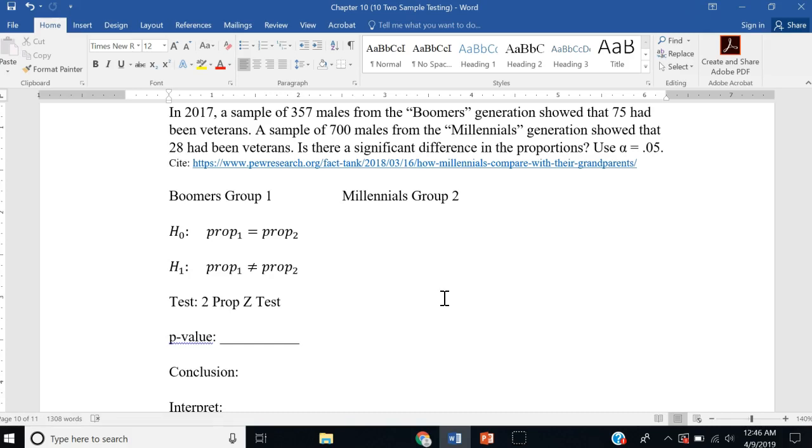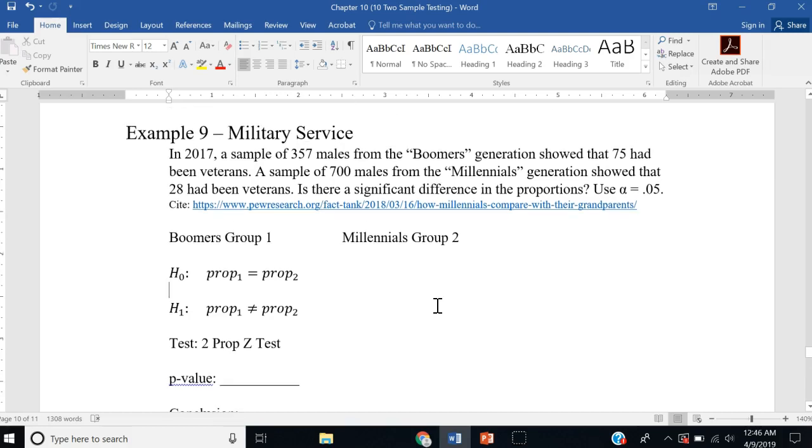So we turn to our calculator. This is a 2 proportion z-test. When you look into it, the x1, n1 is going to be exactly the same as what we had from chapter 9. It's 75 successes out of 357 boomers who were surveyed.